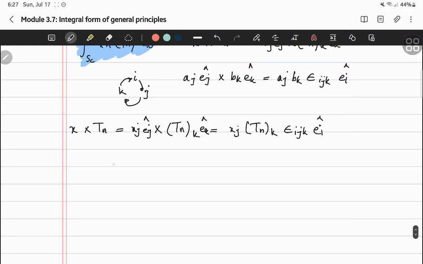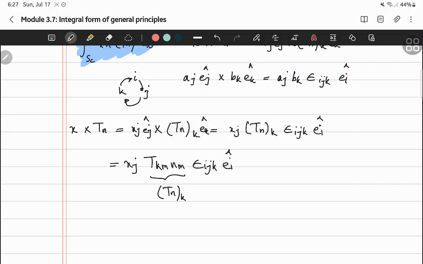This can be further broken into xj tkm nm epsilon ijk e_i. So this basically gives us a vector tnk, because m here is a dummy index, and for this to be applicable, this second one should be equal to m in here, so they should be both m and m.